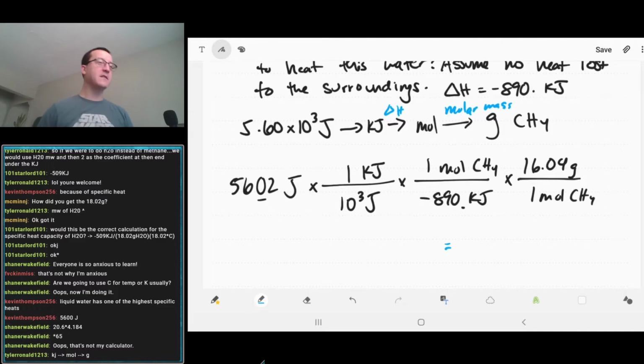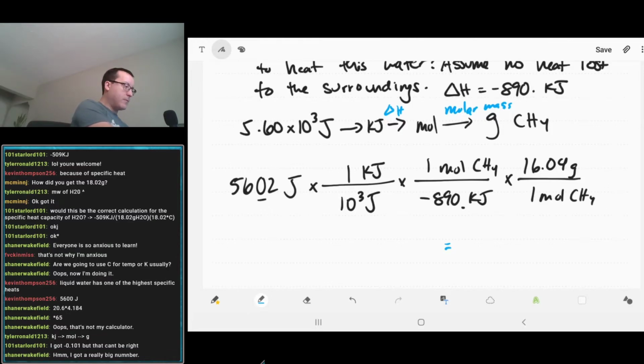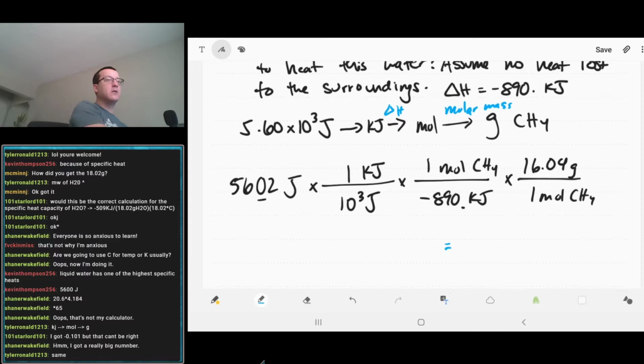Why has nobody done this one yet? I have to do it myself? That's not fair. Okay, I'm going to leave my unrounded answer. Oops, divided by 890.16. 4. Oh, how interesting. I got a small number.